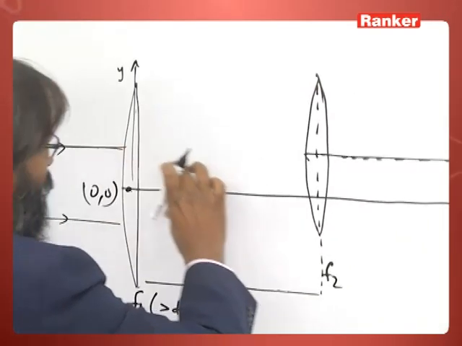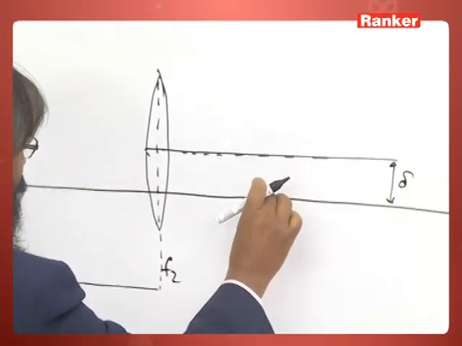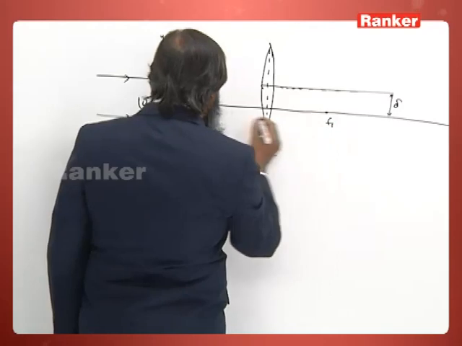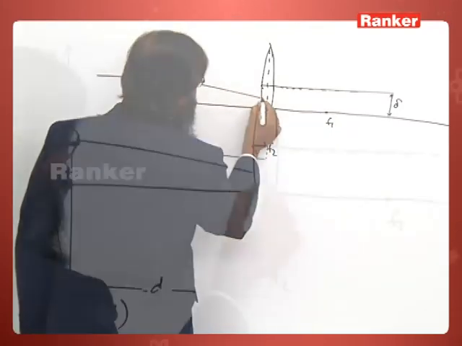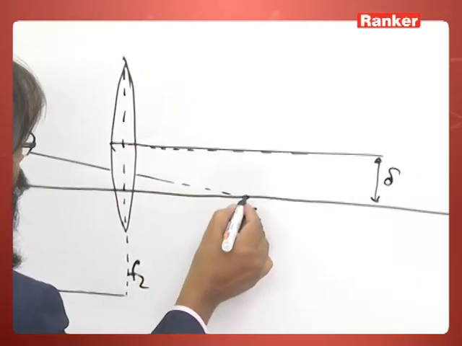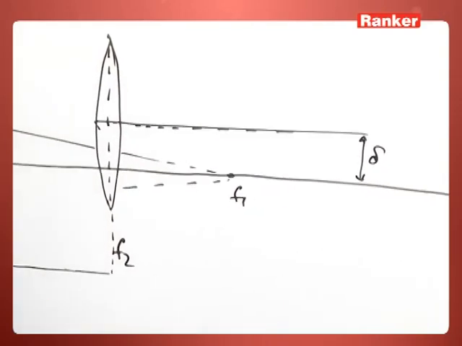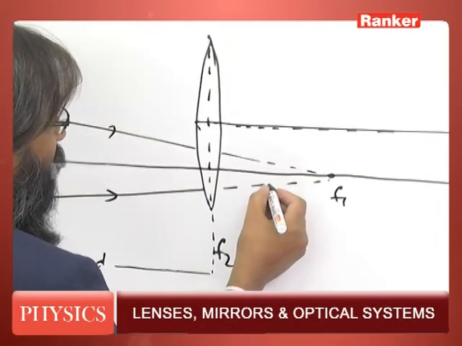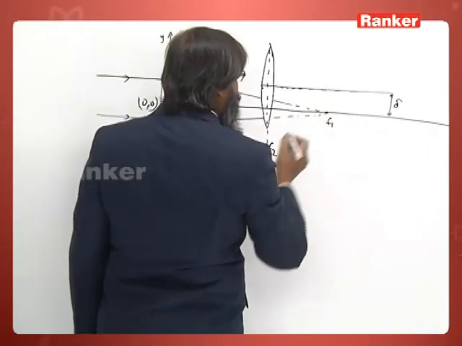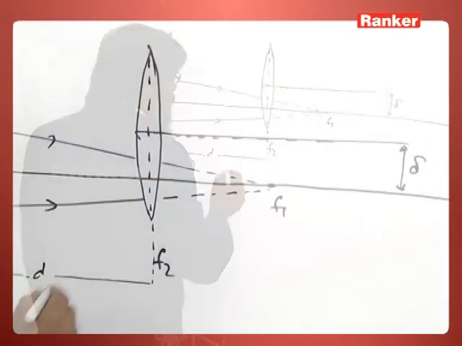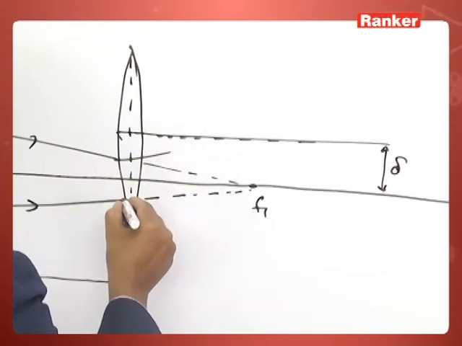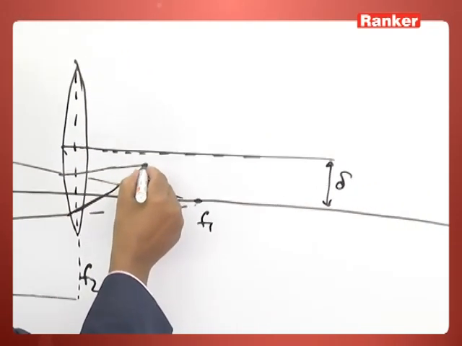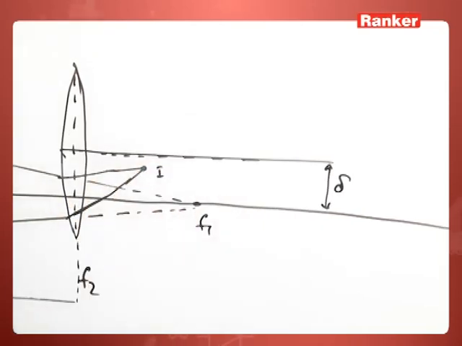Because of this lens, suppose the focus is here, this point is f1, that means this ray is going to be focused at this place. This ray will be focused at this point. This is the focus. But actually here the rays will again bend and form an image I here.